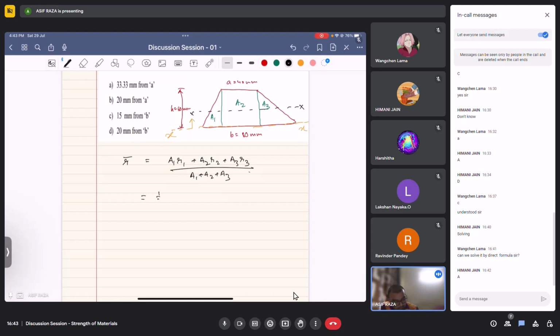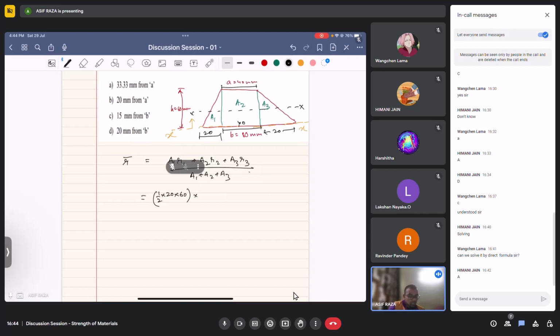A1 is the area of this right angle triangle, and that would be half into base. This is 40, so this would also be 40. Now total is 80, dividing it into two parts it will be 20, here also 20. So base would be 20, height is 60.